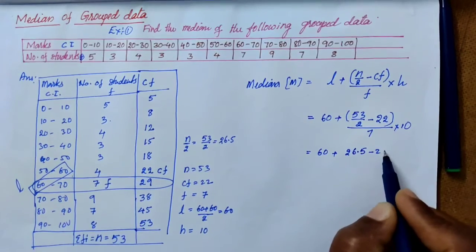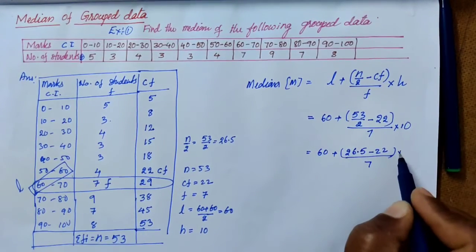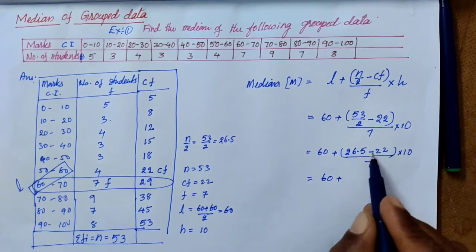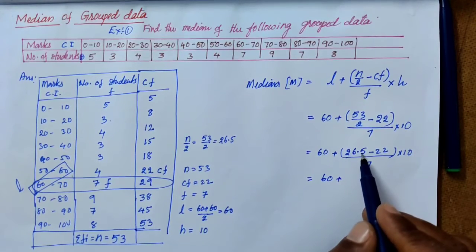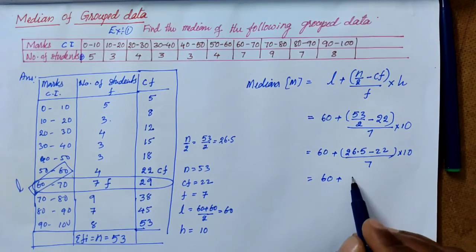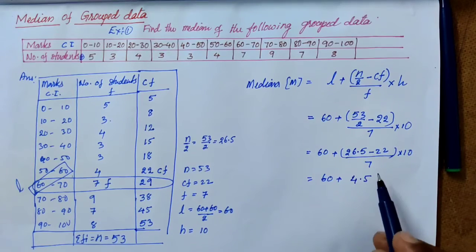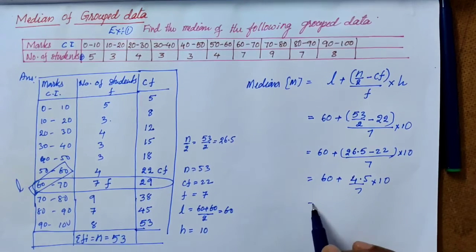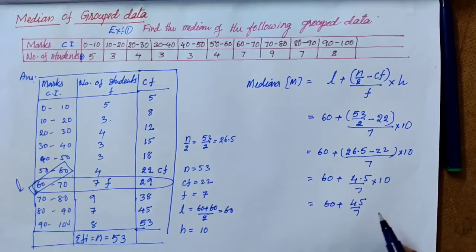Which is equal to 60 plus 26.5 minus 22 by 7 into 10, which is equal to 60 plus the difference between 26.5 and 22 is 4.5, by 7 into 10, which is equal to 60 plus 45 by 7.